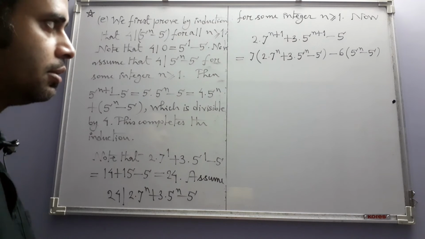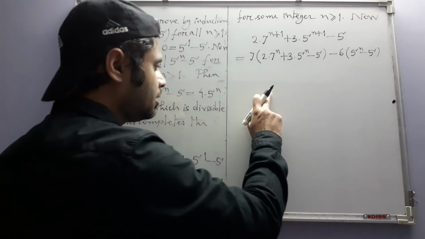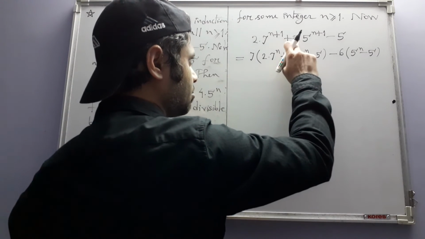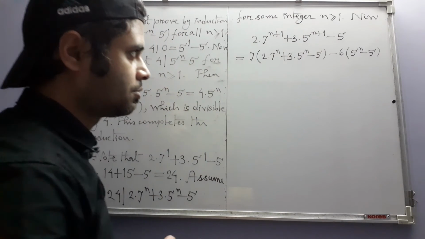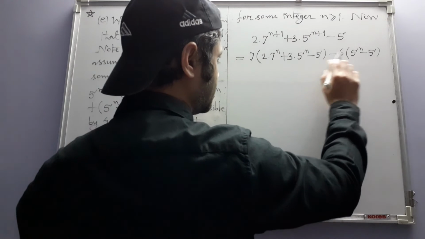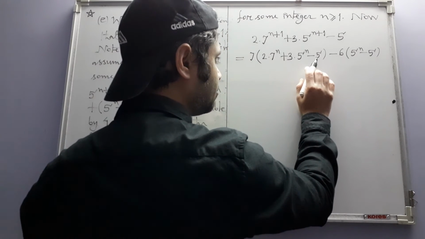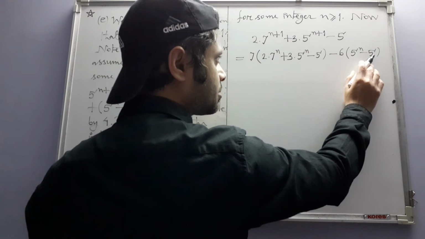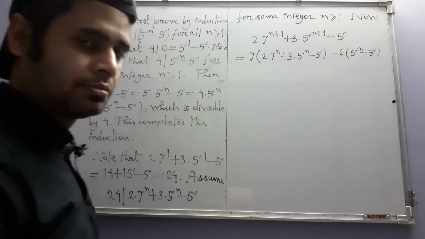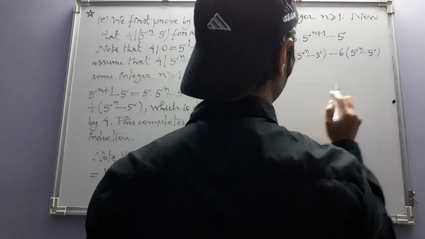In that 15 you already have 5, 3 times 5. So 15 times 5 to the power n is the same as 3 times 5 to the power n plus 1. And what about the constant terms? Minus 35 plus 30 is minus 5. So this calculation is okay.